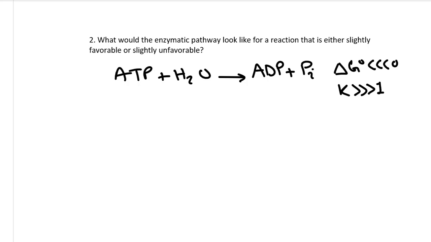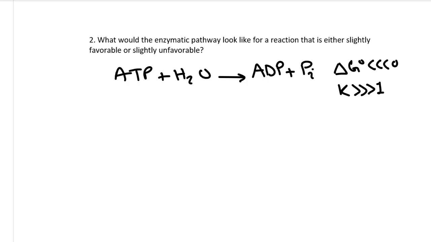What they mean is that the reaction is so favorable that almost all of the reactant, except for a very tiny little bit, will be turned into product when the reaction reaches equilibrium. Completion for a reaction is always equilibrium. That's why I don't like that language. For a reaction like ATP hydrolysis, when the reaction reaches equilibrium, there's so little reactant left over, almost all the reactant has been turned to product.